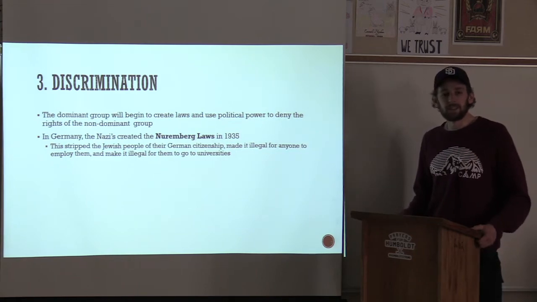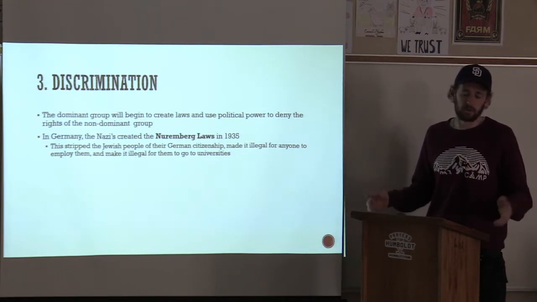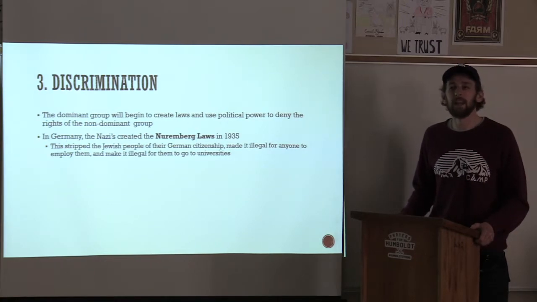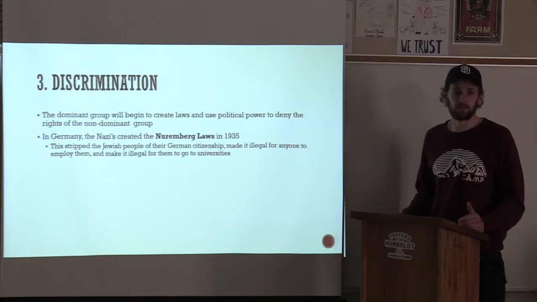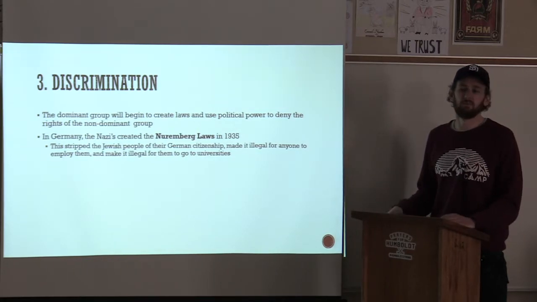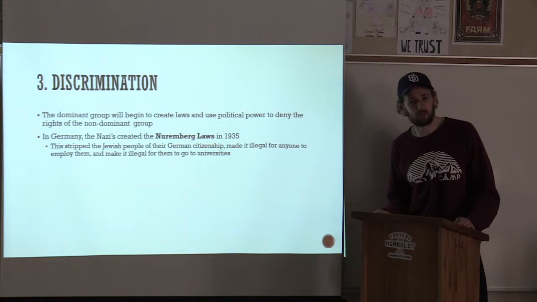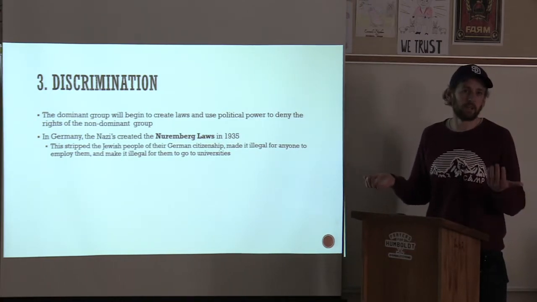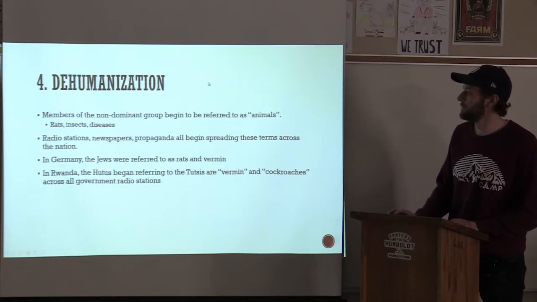So you basically couldn't have a job if you were a Jewish person in Nazi Germany. It also took away their German citizenship, and by taking away their citizenship, you took away their rights and freedoms as regular German citizens. So they basically go from being relatively successful people in German society to all of a sudden having no rights, no freedoms, and no means of getting an education or being employed.